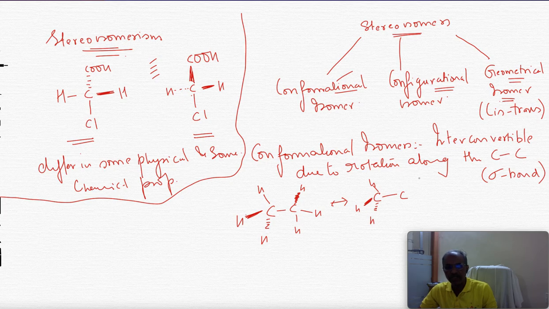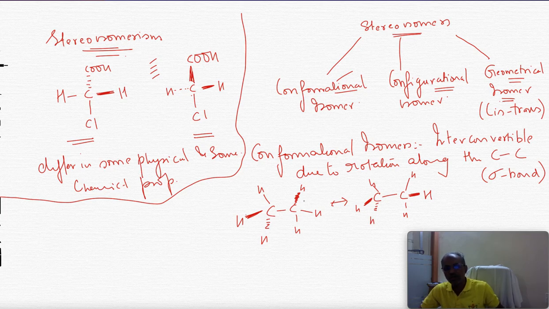Then it can so happen, if I rotate it, this can go here, right? It goes here, then this hydrogen atom can come here, and this, right? So there is a complete rotation along the C-C bond.